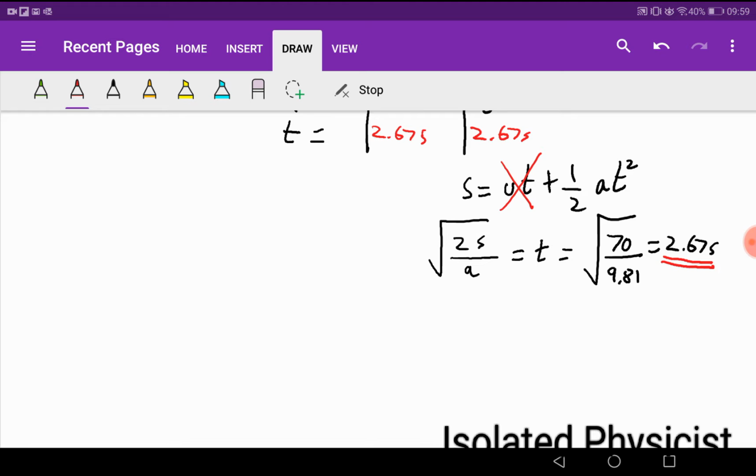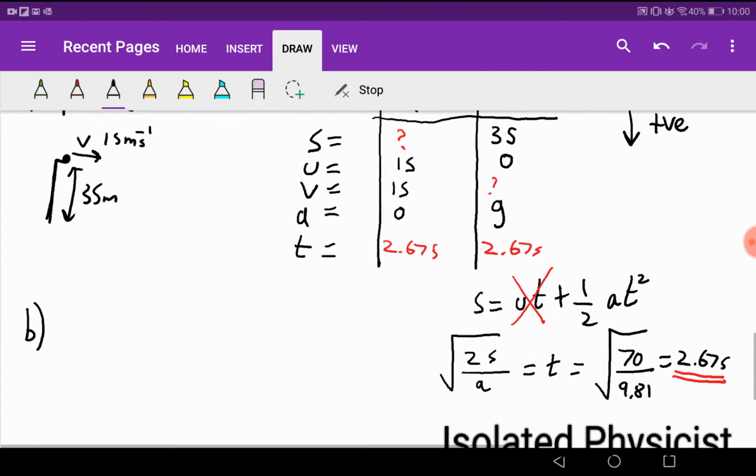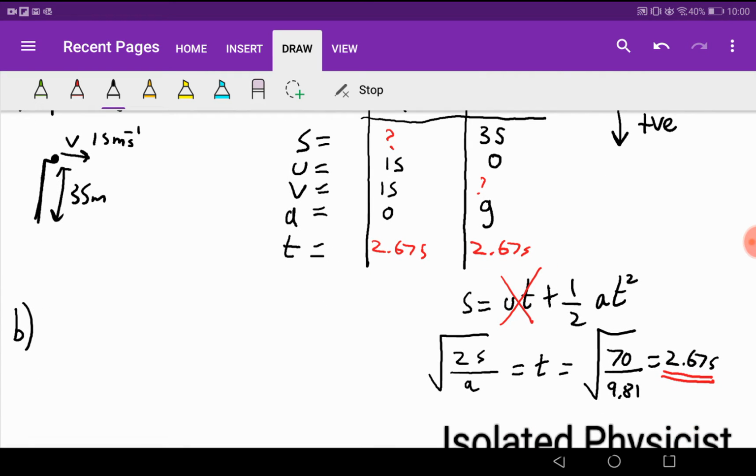Let's look at part B. How far does it go horizontally? Well, speed equals distance over time, sorry. So V equals S over T. So S equals V times T horizontally.